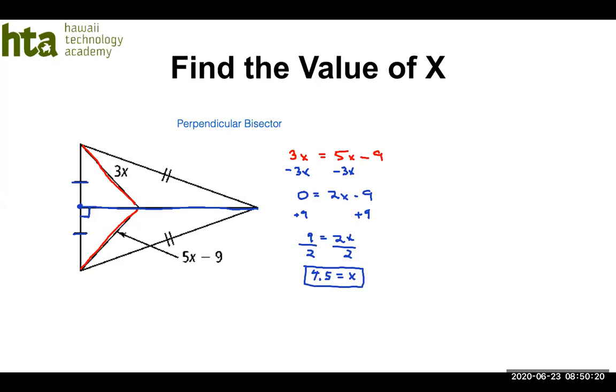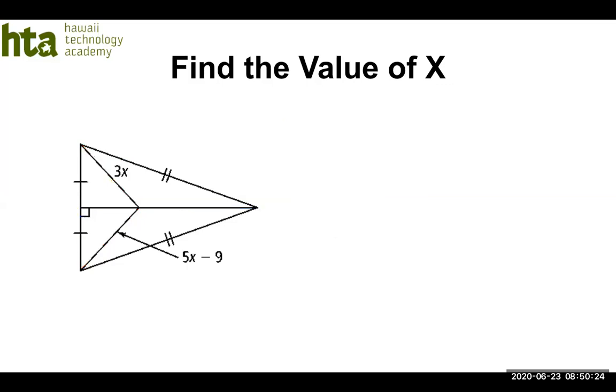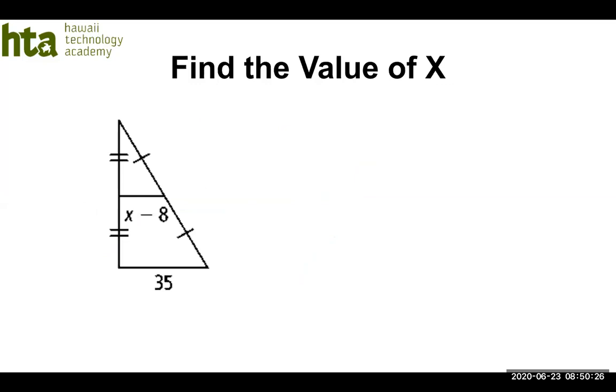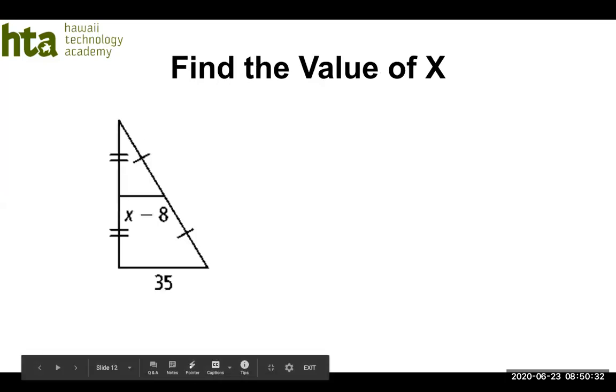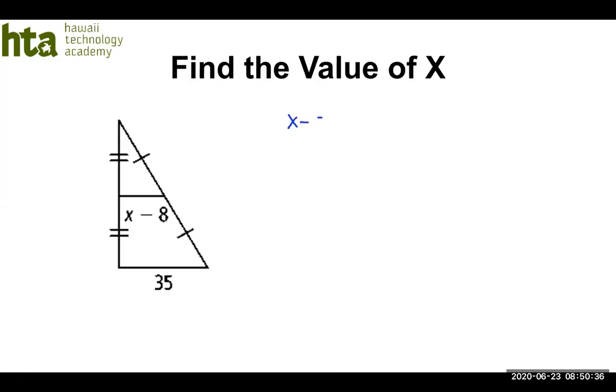However, if it is a mid-segment, like this one right here, then we have to double the mid-segment. Set the values equal to each other, but do not forget to double the mid-segment. A lot of people on their homework for 3.2 forgot to double the mid-segment.